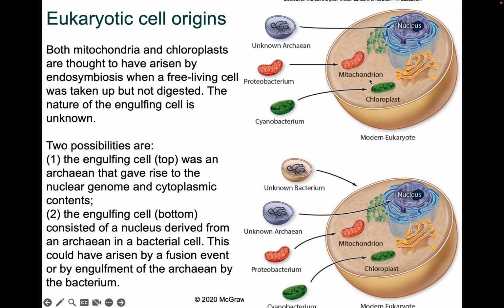That's what we thought. Or the second is that actually a bacteria first engulfed an archaea, which gave up the nucleus. So then this cell, that was basically bacteria and archaea, engulfed another cell that gave either the mitochondria or the chloroplast. So that's where it came from.